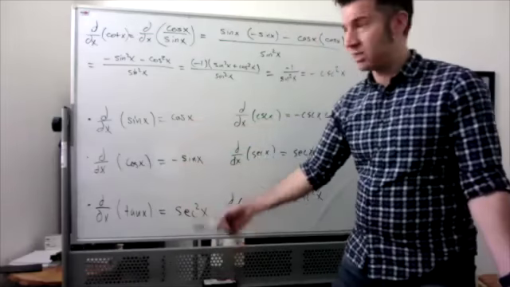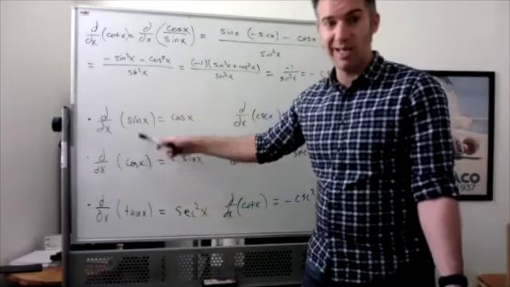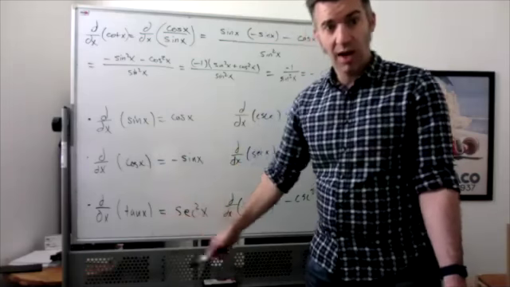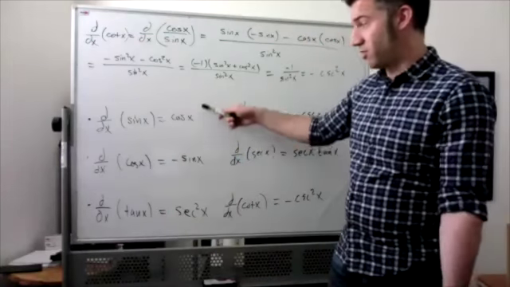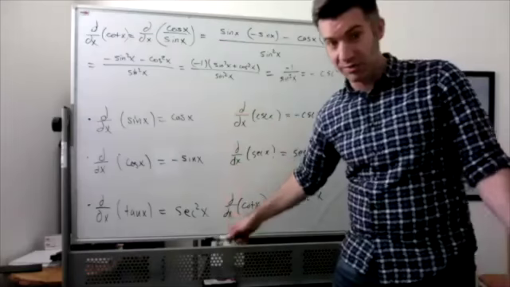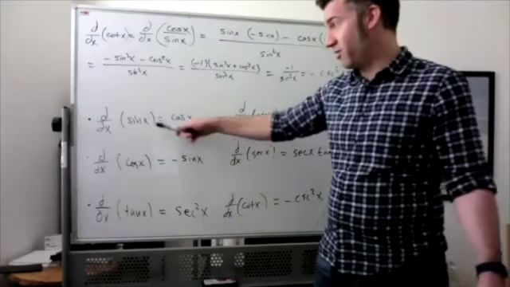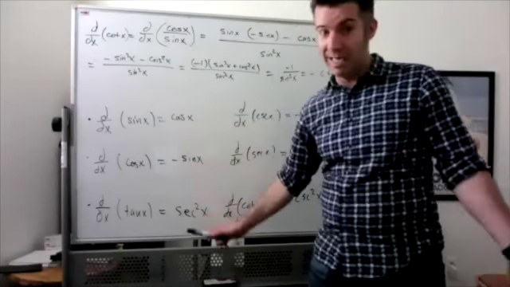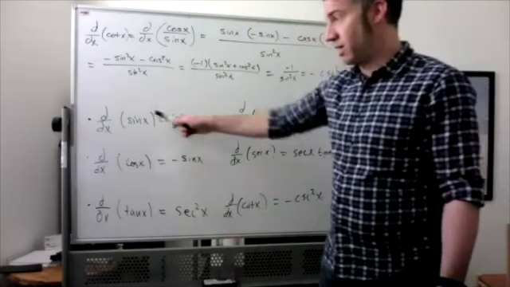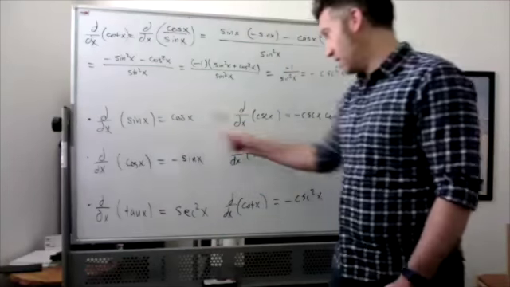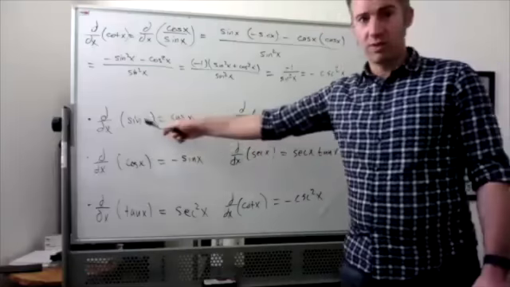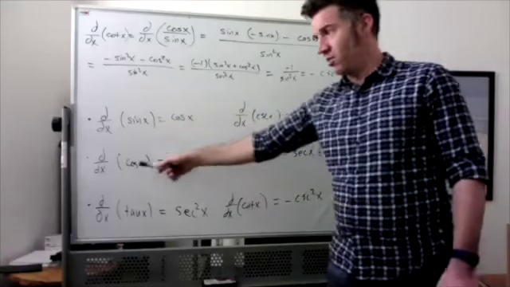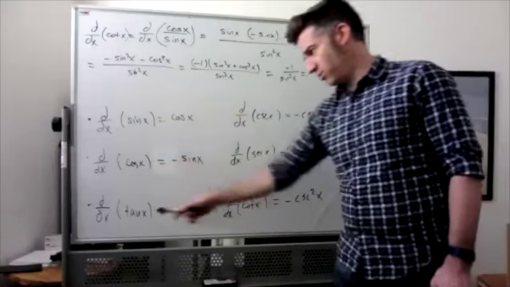It's also nice because sine divided by cosine is equal to tangent. I do want to point out the derivative divided by the derivative is not equal to the derivative, right? The derivative of sine divided by the derivative of cosine is not equal to the derivative of tangent. But sine over cosine is tangent, and then each of these is the reciprocal functions. Reciprocal of sine is cosecant, reciprocal of cosine is secant, reciprocal of tangent is cotangent.